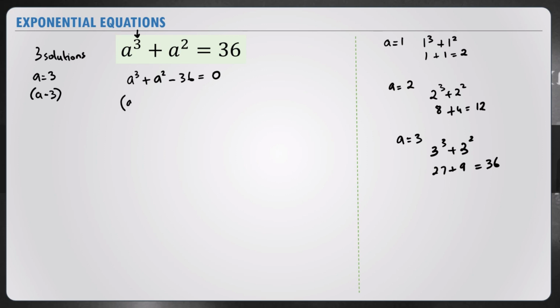That means we have a minus 3 times a quadratic equation, which gave me a cubed plus a squared minus 36. We have to find this quadratic, so to find it, we have to divide by a minus 3. And we find this equation here.